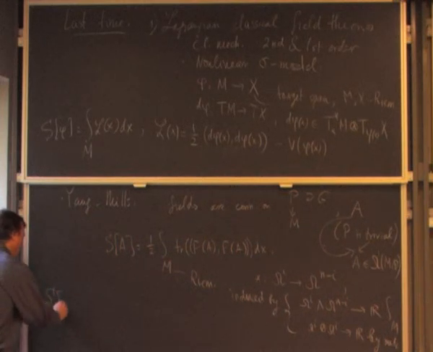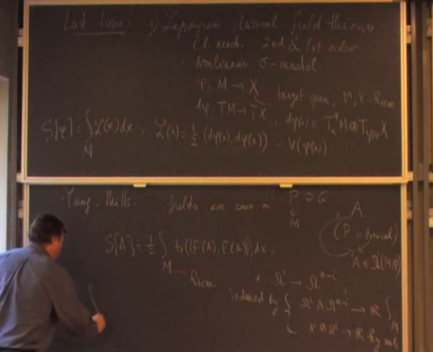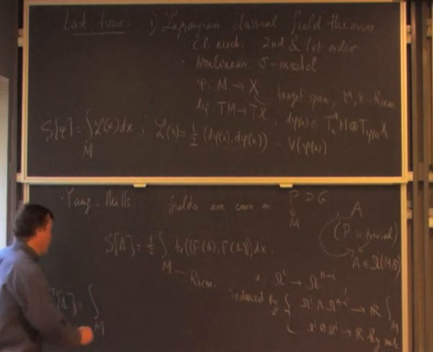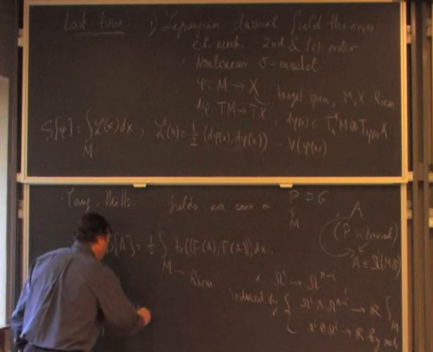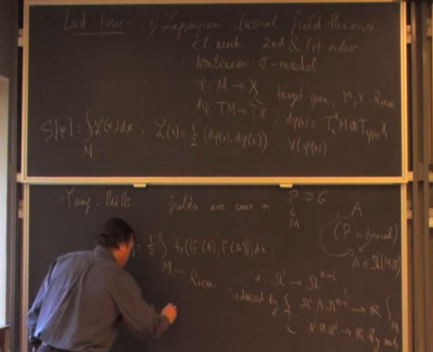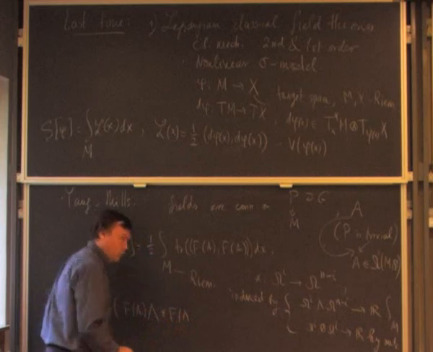And in terms of the Hodge star, the action can be written as 1/2 trace F of A wedge star F of A.